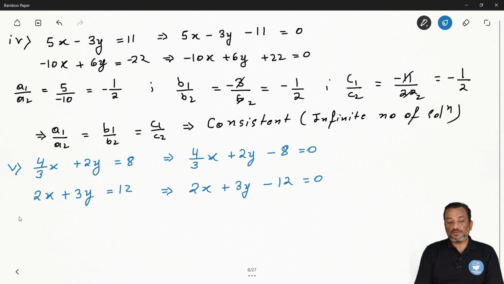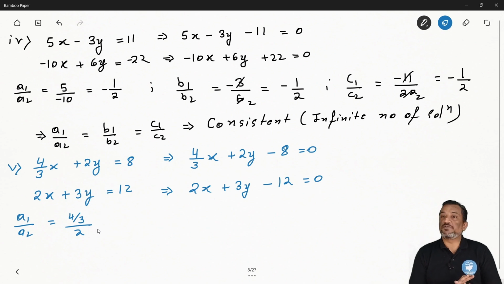Now after that we will quickly find their ratios. a1 over a2 is equal to 4/3 over 2, because a1 is given as a fraction. I have told you how to solve a fraction in the previous question. So 4/3 divided by 2, you get 2 over 3.